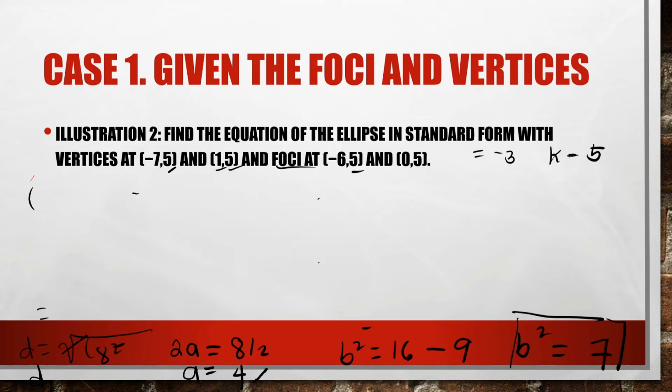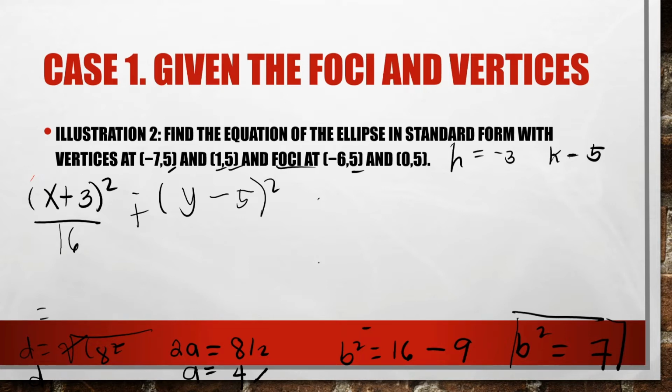So, x minus, yung h natin is negative 3, so magiging positive 3 squared over a squared, which is 4 squared is equal to 16, plus y minus, yung k natin is 5, squared over b squared is equal to 7, is equal to 1.